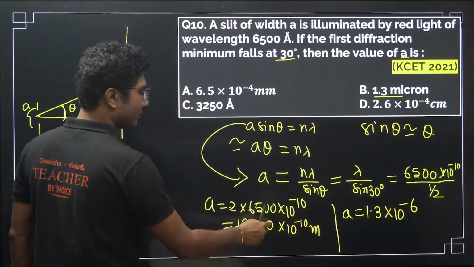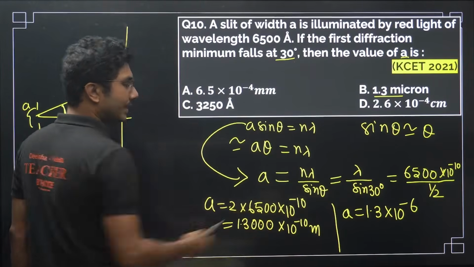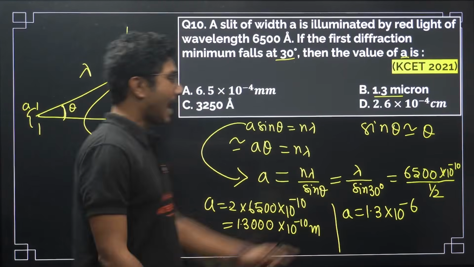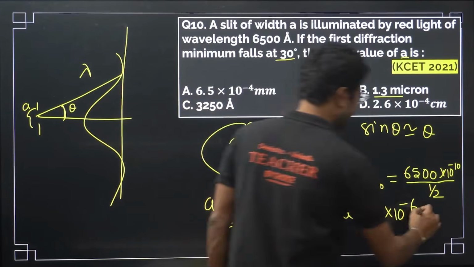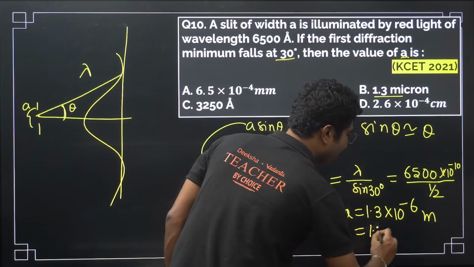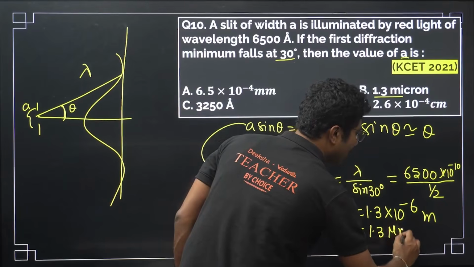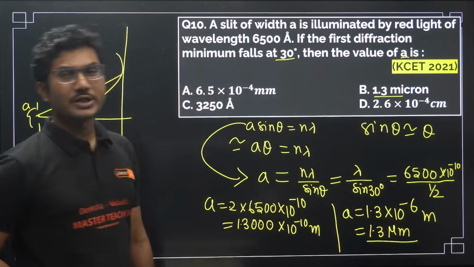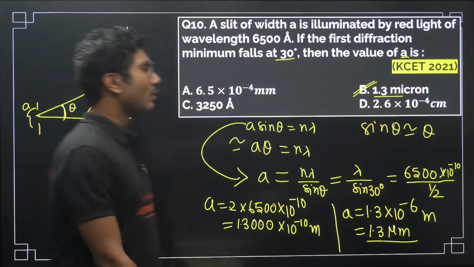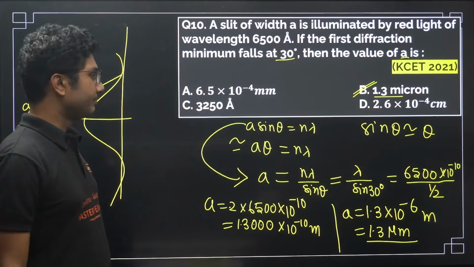We have taken these 4 zeros and reduced them from the minus 10, so it will be minus 6, and minus 6 means micro. So 1.3 micrometer, and sometimes micrometer is also called micron. So the correct answer is B, 1.3 microns.